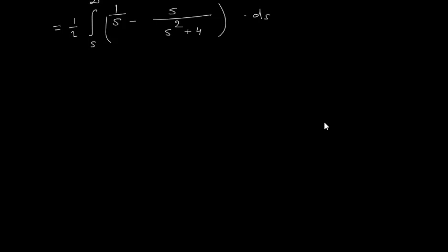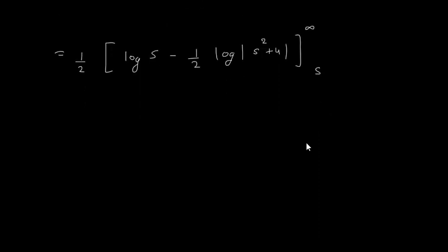So integration of 1 upon s is log s, minus 1 upon 2 log of s square plus 4, and the limit for integration is s to infinity. So this is equal to 1 divided by 4. I will take this 1 upon 2 out, and here it will become log of s square.